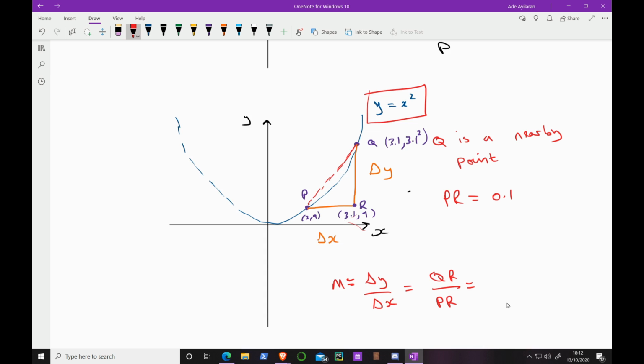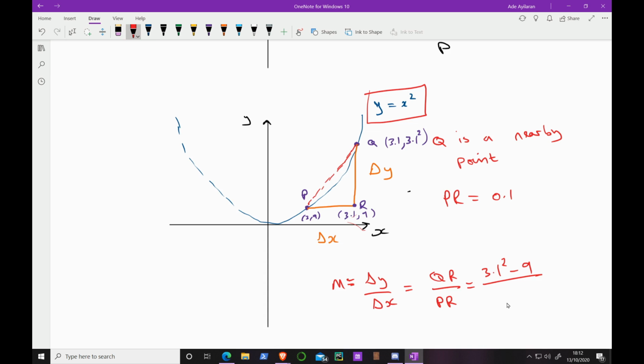Basically, the height of R is 9, but the height of Q is 3.1 squared, which is bigger than 9. So I'm just going to say 3.1 squared, take away 9. Sorry, not divided by, take away. I meant to say take away. So that's what QR is. That's what the change in y is. Do you agree? Yeah, I do.